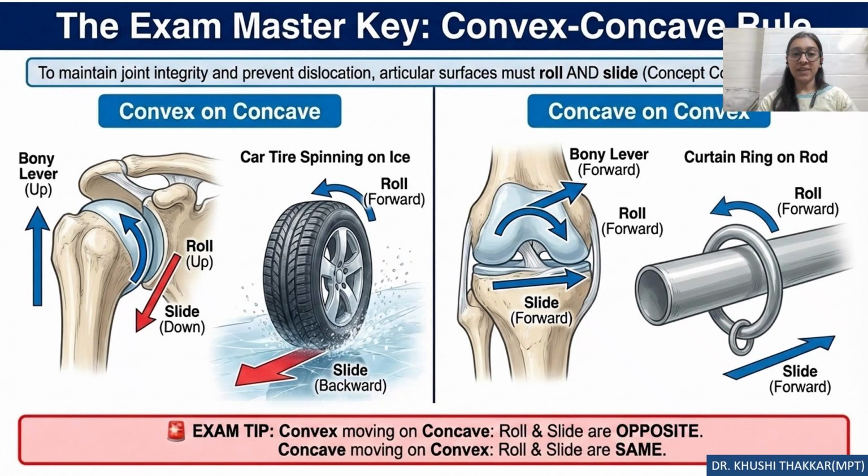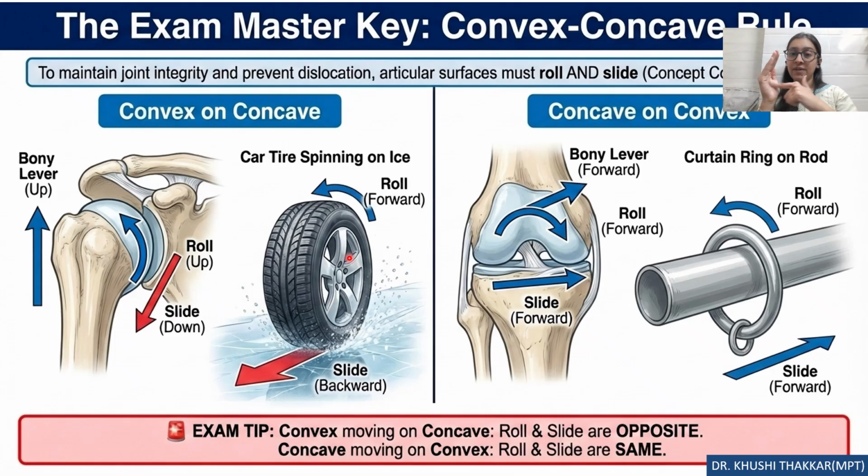Moving on to the concave-convex rule, just remember the tire. If you see in this image, there is a tire which is sliding backwards, in this direction, and rolling forwards. So this is one surface and this is another surface. Let's consider this is the glenoid fossa and this is the head of the humerus.